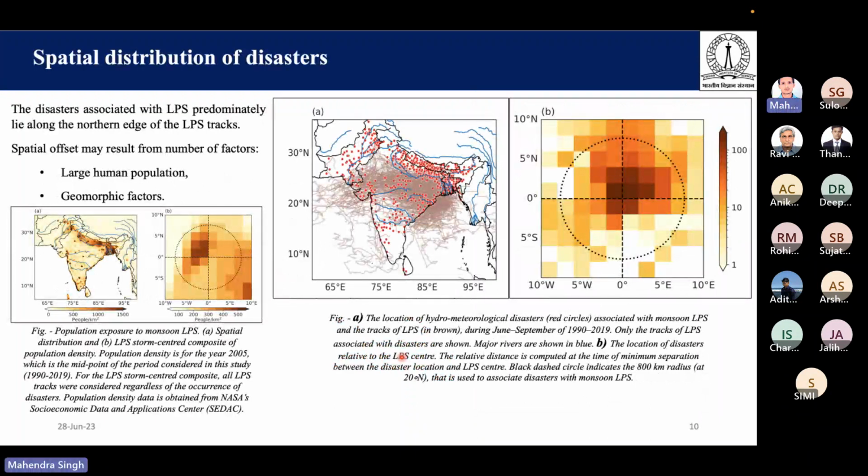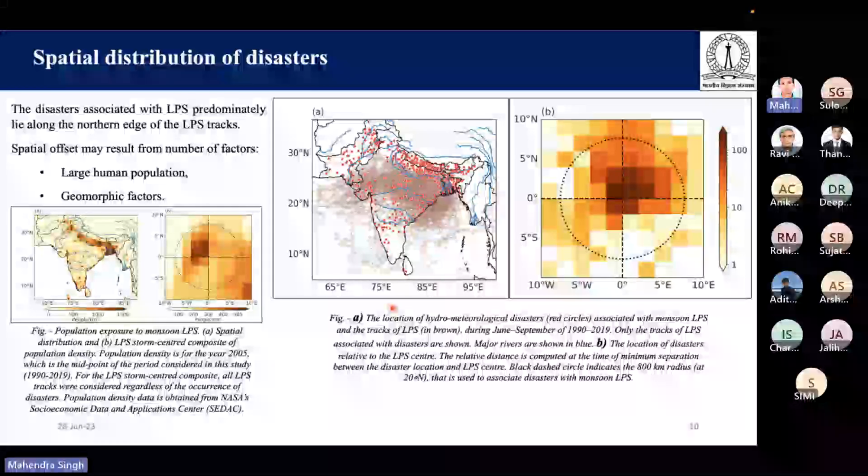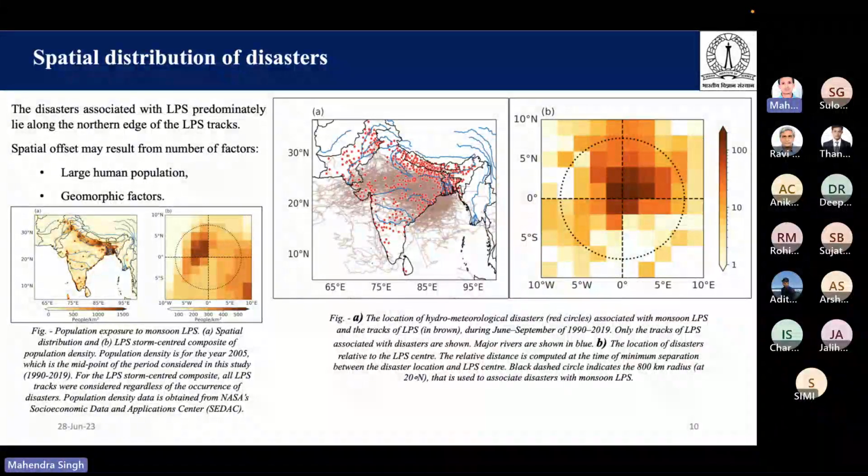So first, the figure shows the spatial distribution of disasters. The figure first shows the location of hydrological and meteorological disasters, shown as red circles, red dots we can say, and the brown lines are the LPS tracks for 1990 to 2019, and the blue lines are showing major rivers.